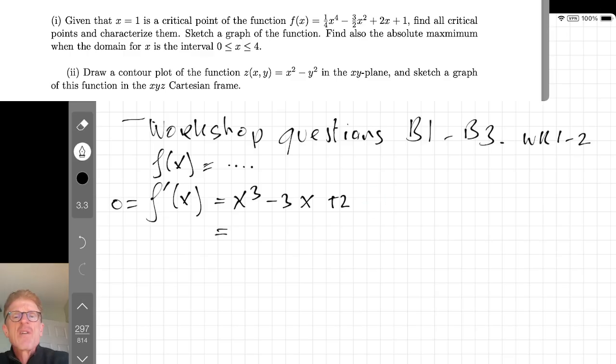So then we are given that x is 1 is a root, so we take out the factor x minus 1. Well, and then we see that this one needs to be x squared, because x times x squared is x to the power 3.